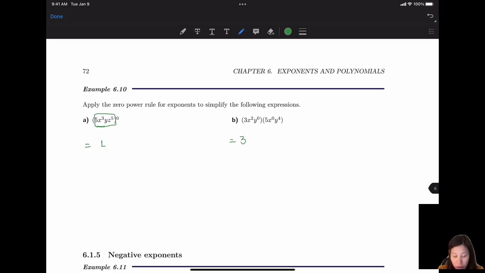So we have 3 times x squared, y to the 0 equals 1. And then 5 times x to the 0 power is 1, and y to the 4th. So in here we have 3x squared, 5y to the 4th, and then we merge the like terms. In this case, it's the numbers. So we have 15 x squared, y to the 4th.